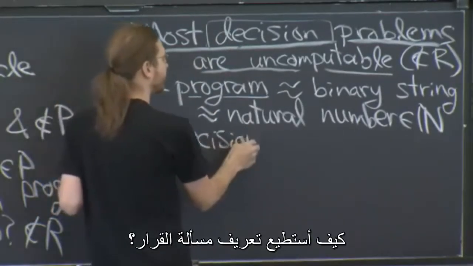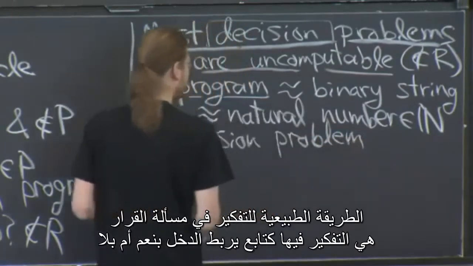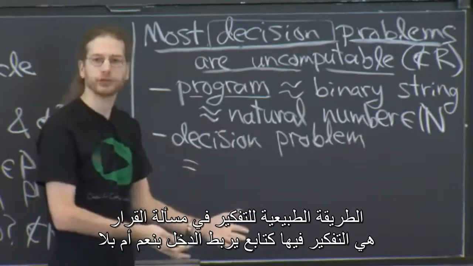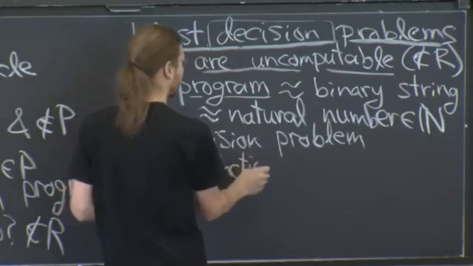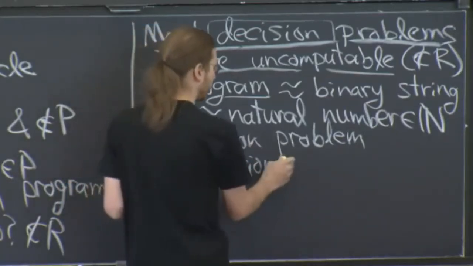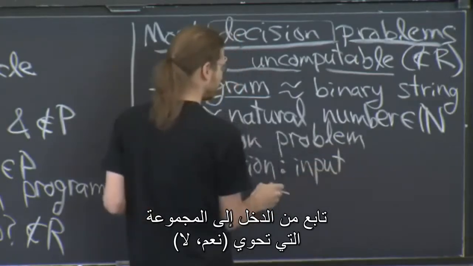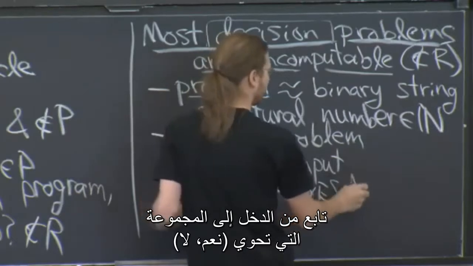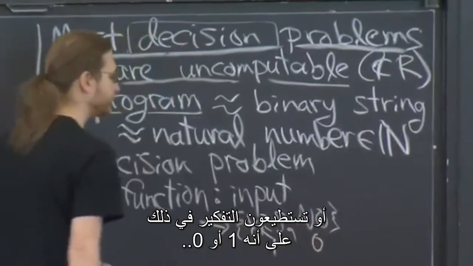So how can I define a decision problem? Well, the natural way to think of a decision problem is as a function that maps inputs to yes or no, or you can think of that as 1 and 0.